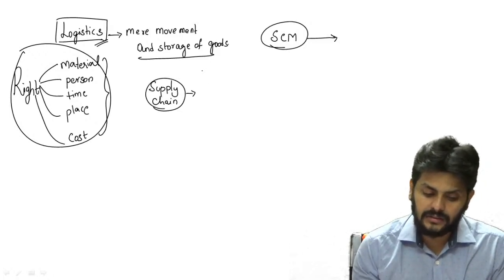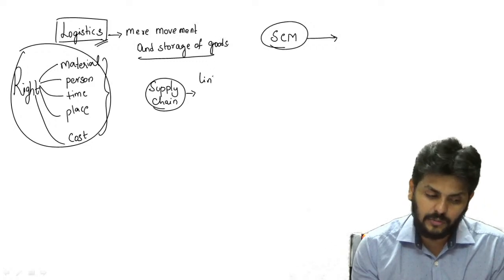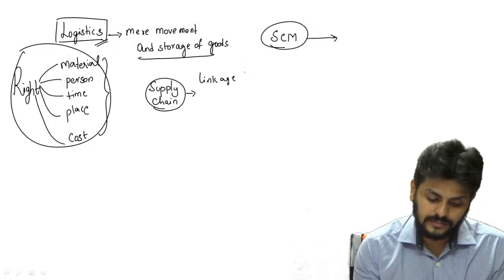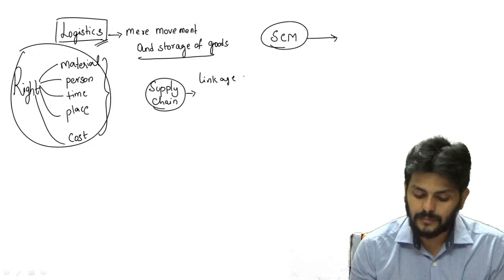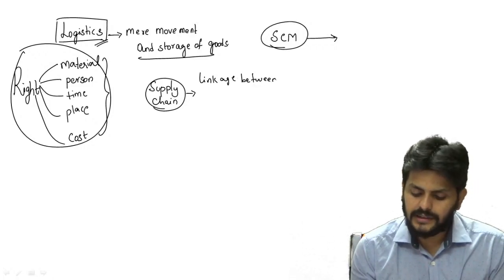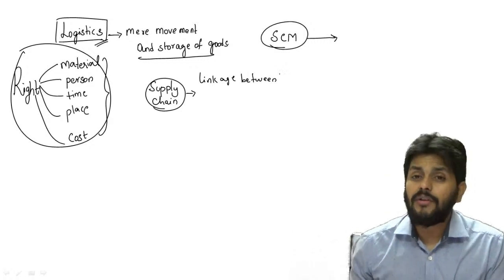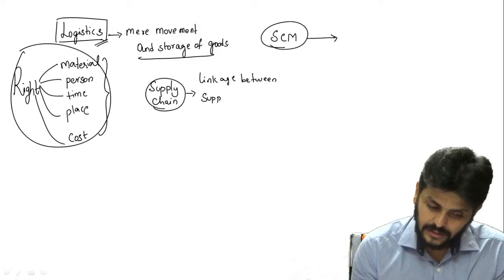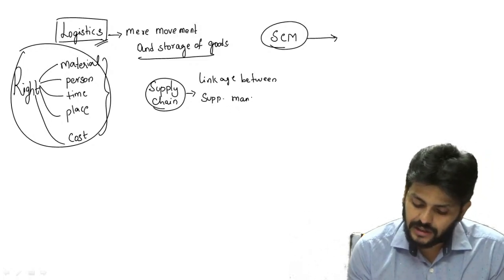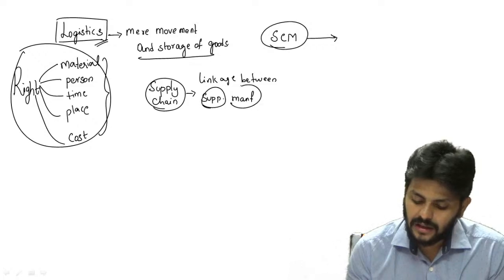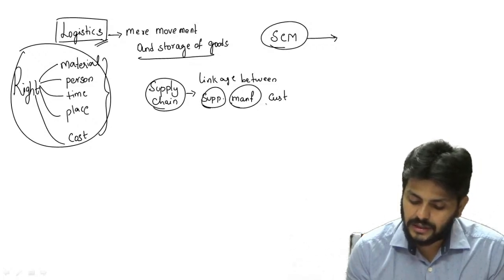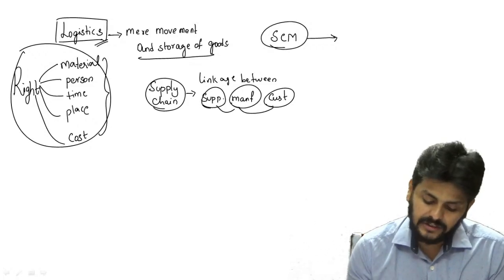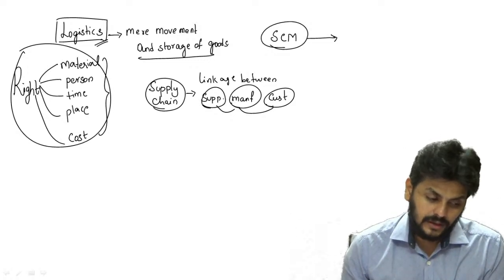Supply chain is nothing but a linkage between what and what? Between supplier, a manufacturer and customer. These three here. Supplier, manufacturer and customer.